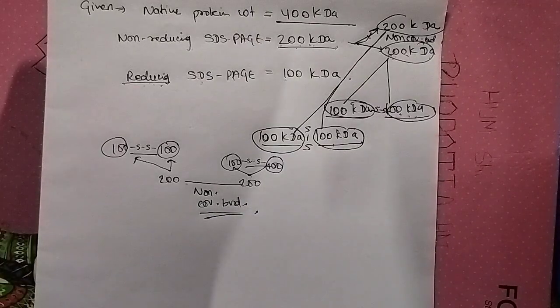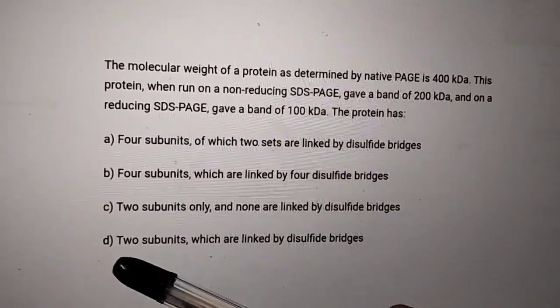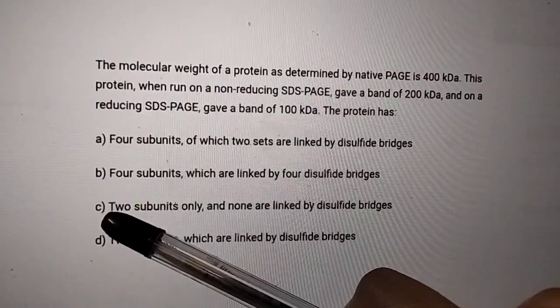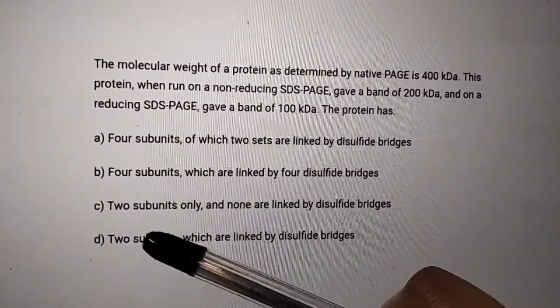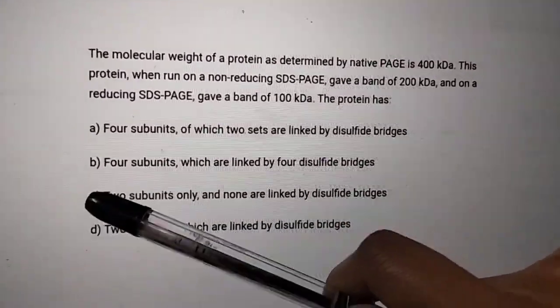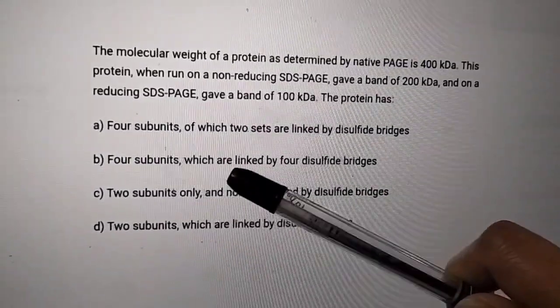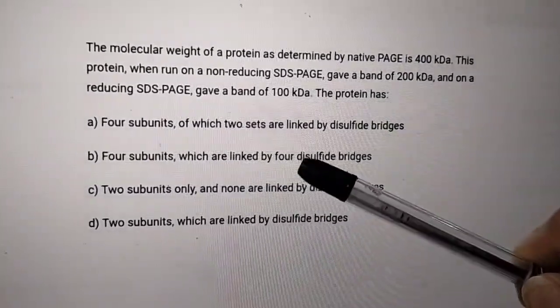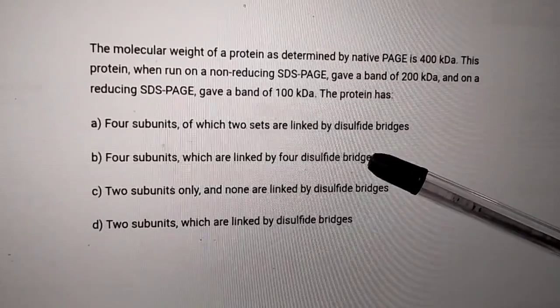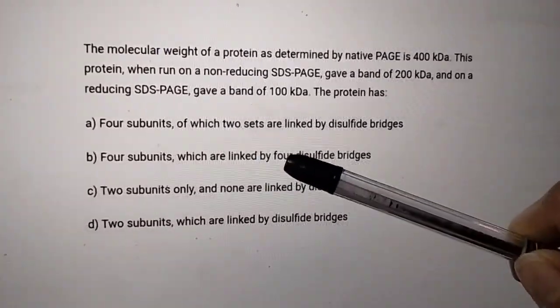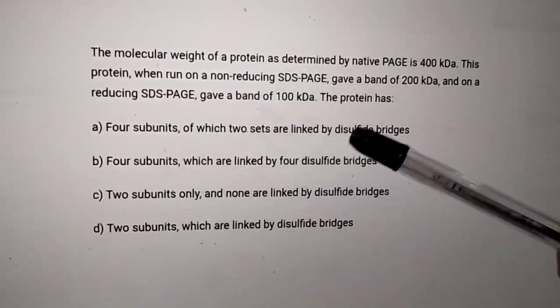So let us look at the options. In option D, it has been given that 2 subunits. In option C also 2 subunits has been given. So these 2 options cannot be true. And in option B, it has been said that they are linked with 4 disulfide bridges. But we saw that they have been linked by only 2 disulfide bridges.